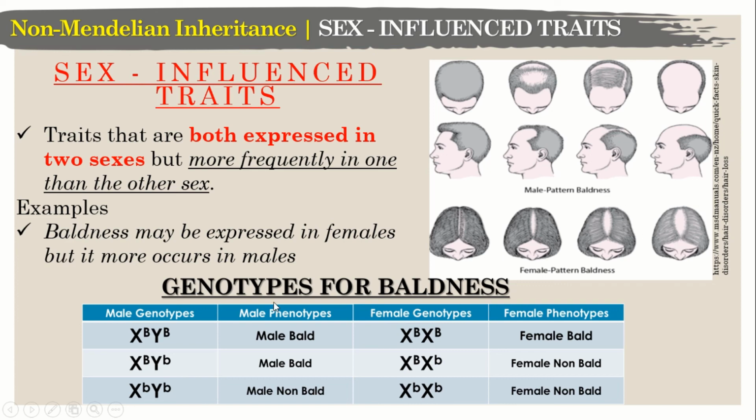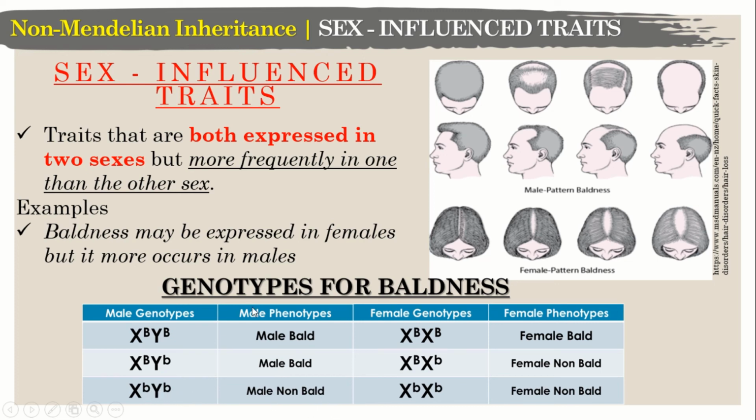Right? So, I have here the genotypes for baldness. When it is capital B, capital B, the male is bald. Capital B, small b is heterozygous, but still bald. And when it is recessive, the male is non-bald.